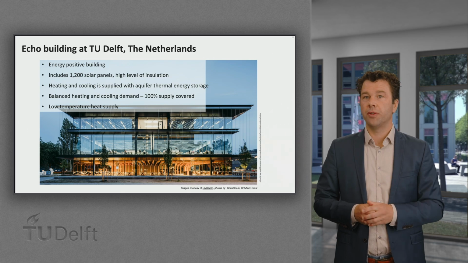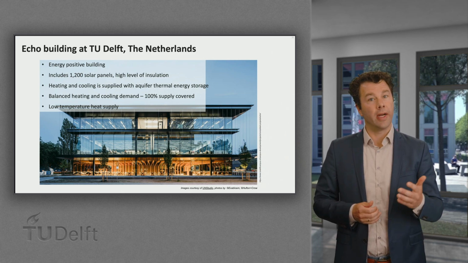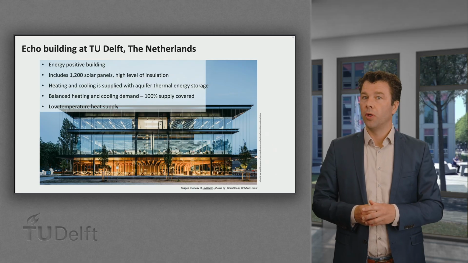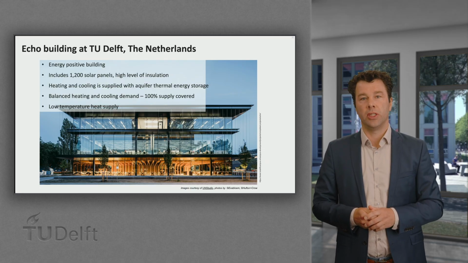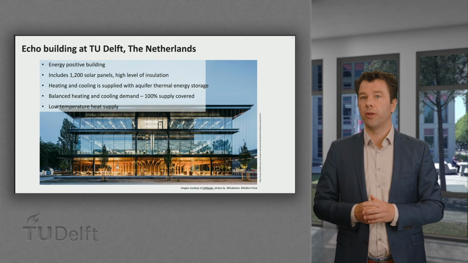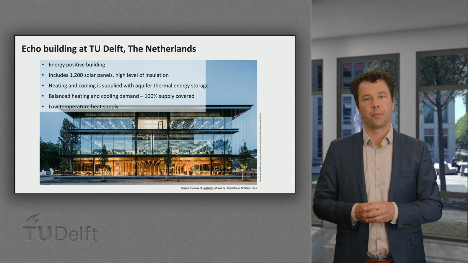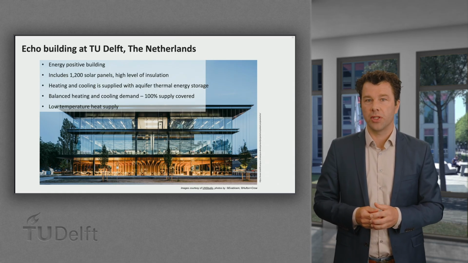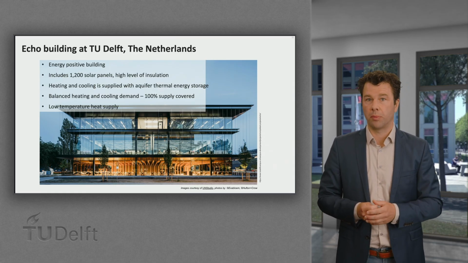It has passive energy features such as solar shading of the windows, which still provides a substantial amount of light. Also, the heating and cooling load is designed to be balanced such that a seasonal energy storage using aquifers below the building ensures that the thermal energy available is utilized. Lastly, the heat pump in the system is supplied with electricity from the solar panels.